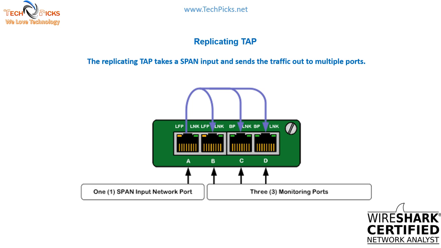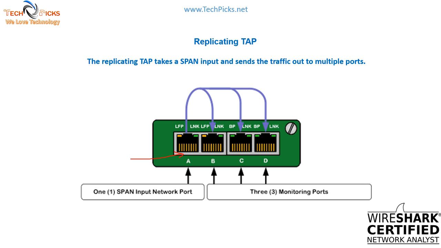The next type is replicating taps. The replicating tap takes a SPAN input and sends that traffic out to multiple ports. So we have port A, the SPAN input network port. This is what we talked about with the Cisco command: monitor session 1 source interface FastEthernet 0/1, and monitor session 1 destination interface FastEthernet 0/2.